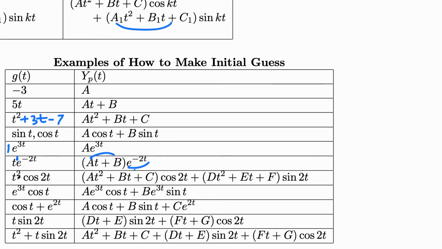And look at this, t squared cosine, t squared is degree 2, so generic degree 2 in both places. Because of cosine, we have to write cosine and sine. So it works in this way.